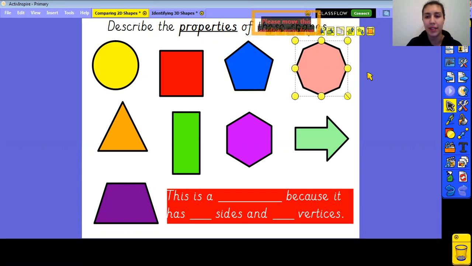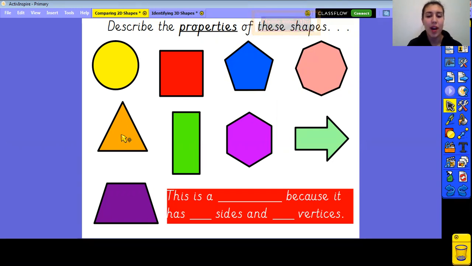Okay, so this is a, well, let's count. 1, 2, 3, 4, 5, 6, 7, 8. So this is an octagon because it has 8 sides and 8 vertices. And once again, it's not any old octagon, it is our regular octagon.